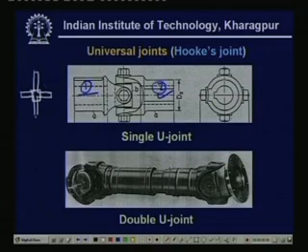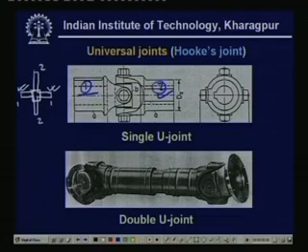The pin sometimes looks like this. Shaft 1 is connected to this part of the pin, and shaft 2 is connected to that part of the pin. So when shaft 1 rotates, shaft 2 will be rotated. Now it can take care of some angular misalignment. We will see in a few minutes how it takes care of this angular misalignment, but it can take care of angular misalignment.